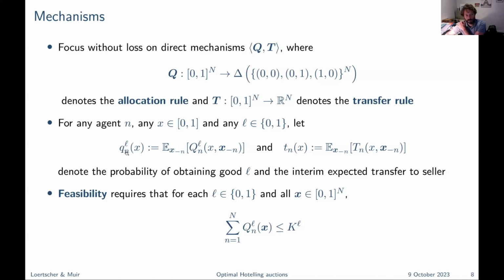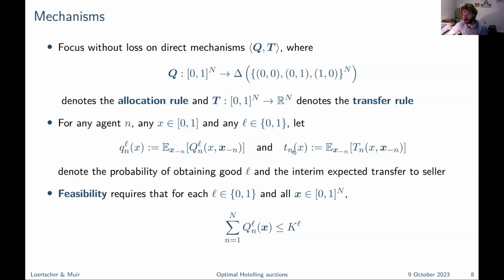We use this little q_n^l to denote the interim expected allocation, or interim probability, of obtaining good l when agent n reports the type x, assuming that everybody else reports truthfully. So this is the expectation with respect to the random variable of the other agents' types.